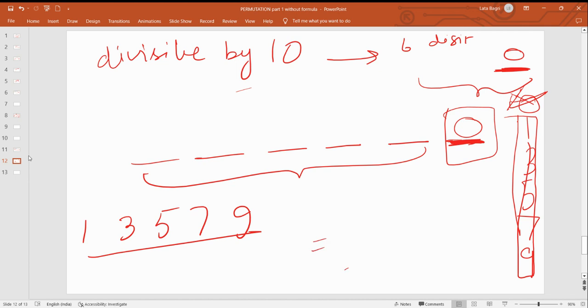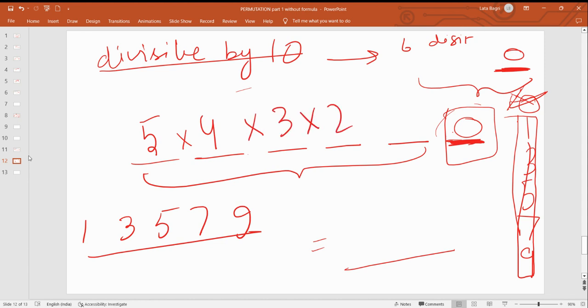And these are the total arrangements in which 0 is in the ones place. So all these numbers are going to be those numbers that are divisible by 10. So first, I have to arrange these digits, and repetition is not allowed. So this can be done in 5 into 4 into 3 into 2 into 1.